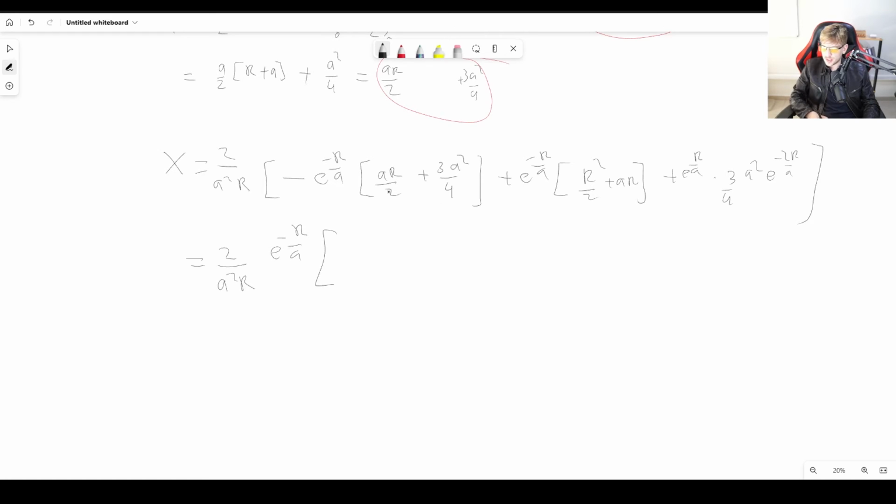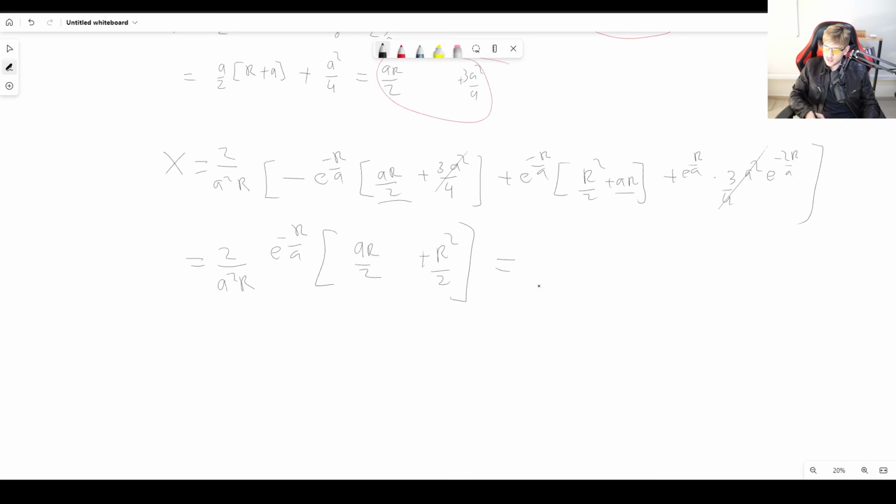And let's see. So we get minus ar over 2 here plus ar here. So in the end, we get ar over 2. Then we have minus 3a squared over 4 plus 3a squared over 4. So they cancel each other out, actually. And then we still have this thing here. So we get plus r squared over 2.